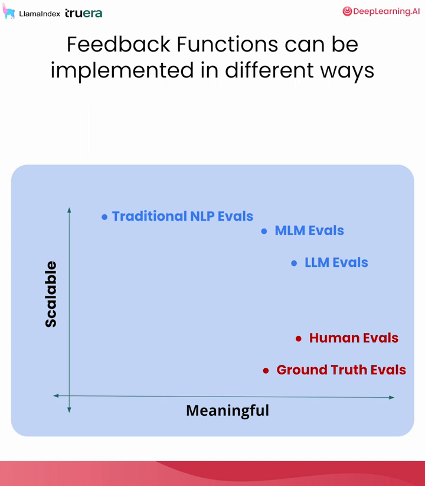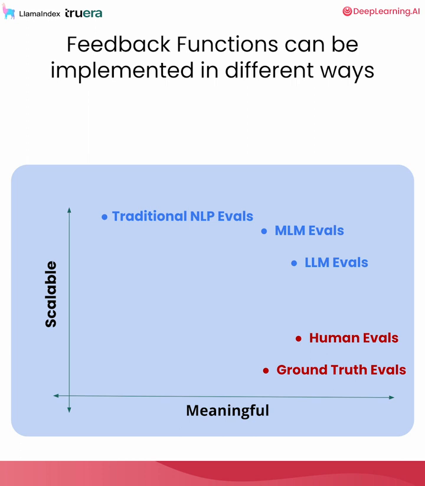In addition to the LLM evals that you have seen, feedback functions also can implement traditional NLP metrics such as ROUGE scores and BLEU scores. They can be helpful in certain scenarios, but one weakness that they have is that they are quite syntactic.